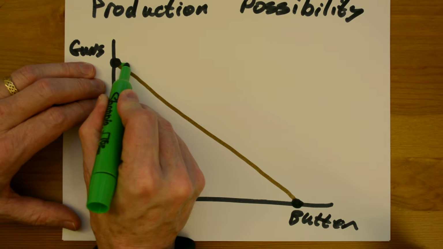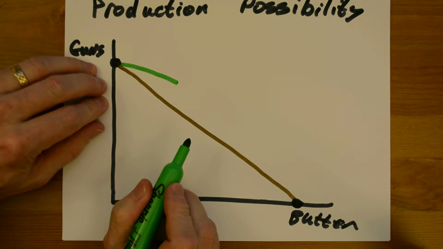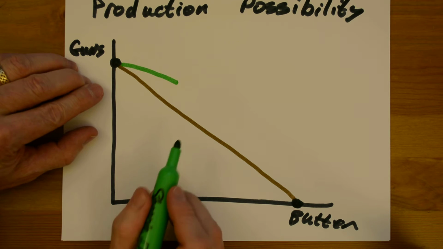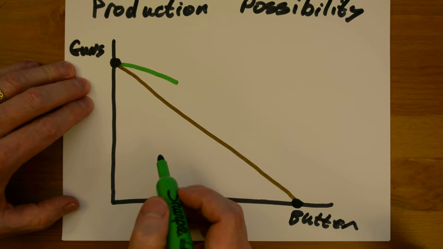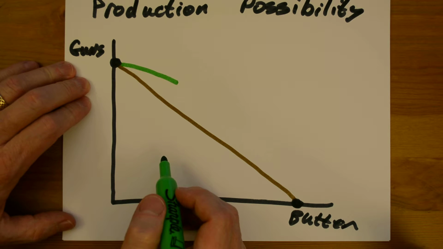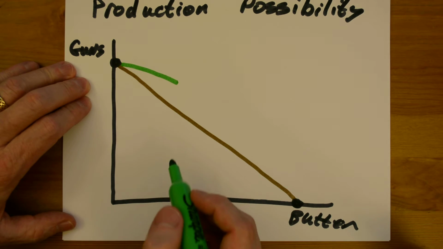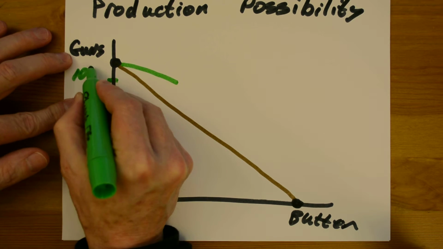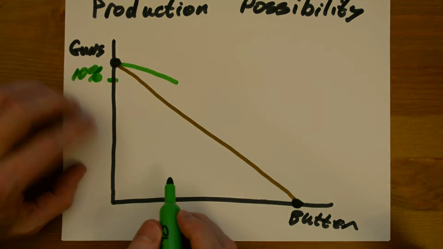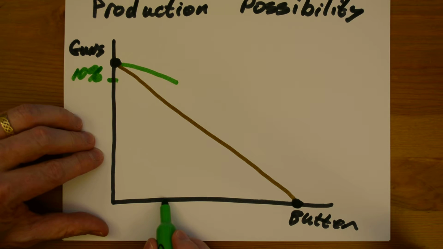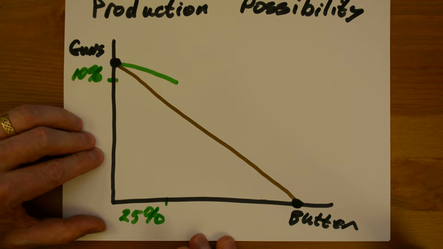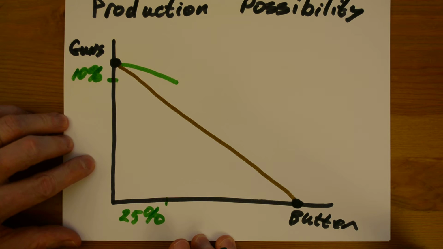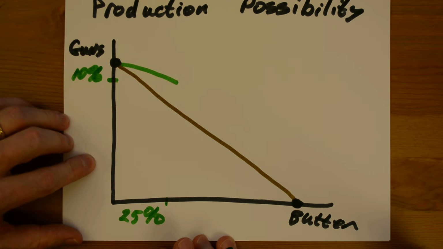Specifically, there is a decreasing slope as the number of guns produced increases toward 100% guns. Indeed, for the last 10% of guns produced, the economic requirement is approximately 25% of the remaining economic productivity capacity.